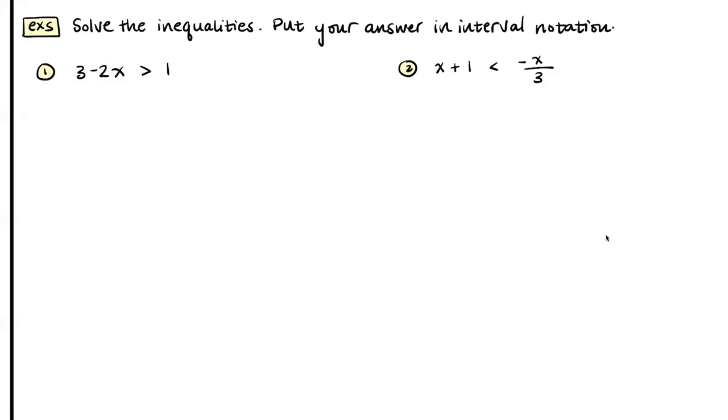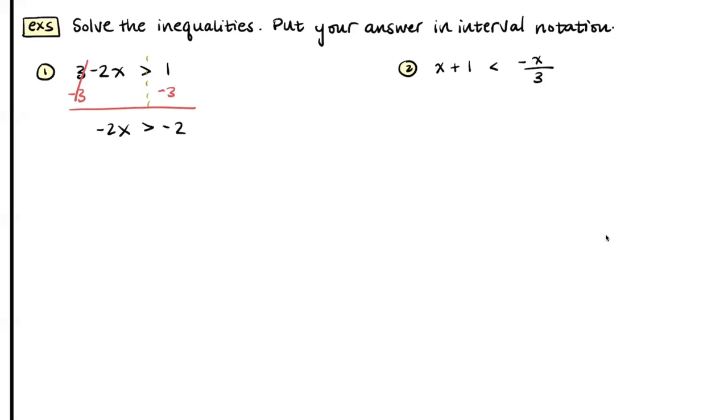So we're going to subtract 3 from both sides. The sides I'm talking about are on either side of the inequality symbol. Okay, so we've got the 3 minus 3, those add up to 0. We've got negative 2x left over on the left. 1 minus 3 is negative 2. So there's a simpler inequality.